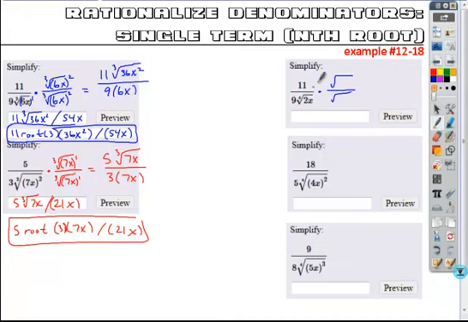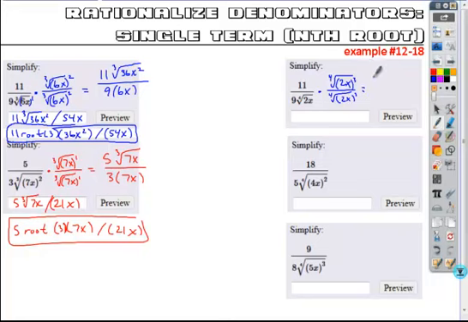Okay, so we're going to rationalize with the same index, 4th root, same base, 2x. We're going to build up our power to equal the index. We need 4. We have 1. How many more do we need? A total of 3 more will get us to build that power up to the index.